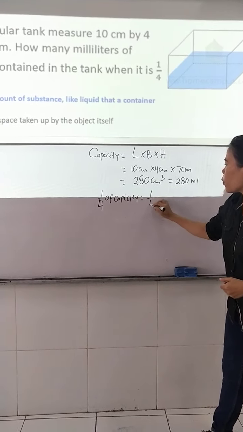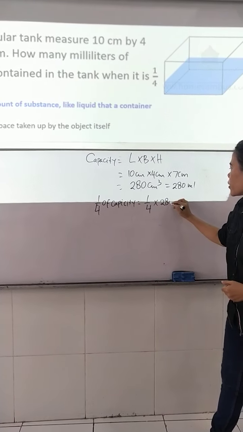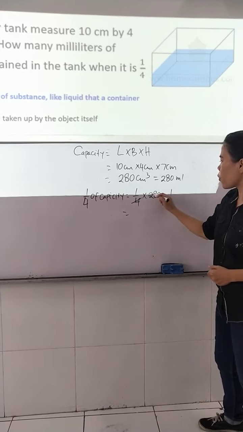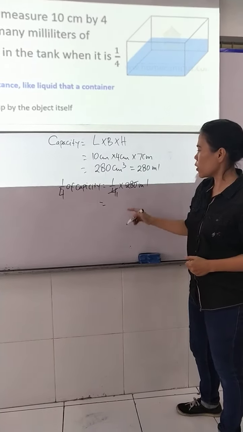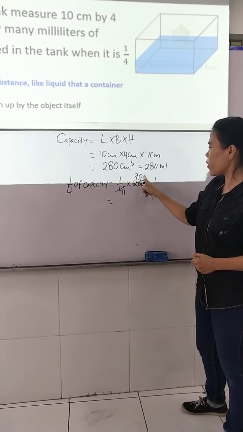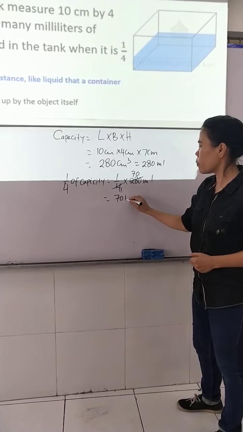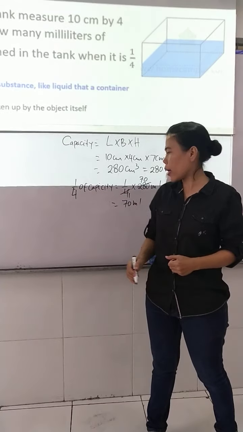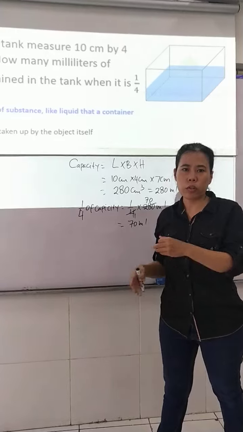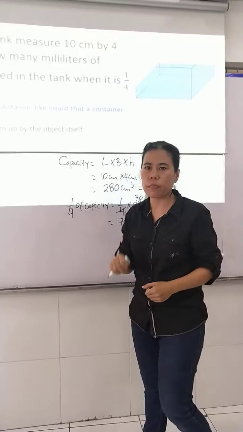So 1/4 times 280 milliliter. We can simplify this by dividing by 4. 4 divided by 4 is 1. 280 divided by 4 is 70. So 1 times 70 equals 70 milliliter. Therefore, there are 70 milliliter of water inside this container. We are going to the next question, number 2.